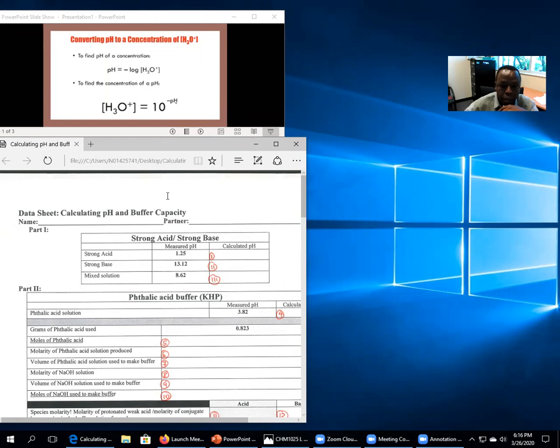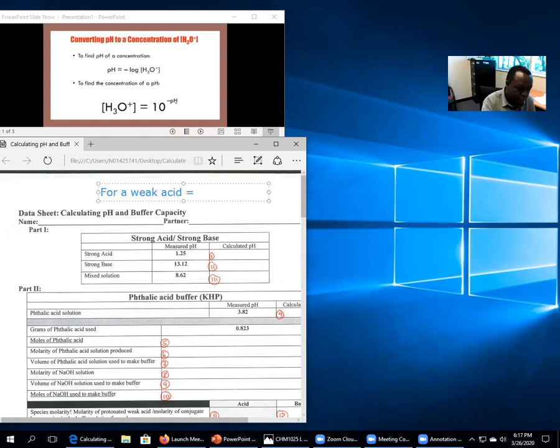For example, if you want to find the concentration of hydronium, this is for a weak acid. For a weak acid, how do you find the hydronium concentration?